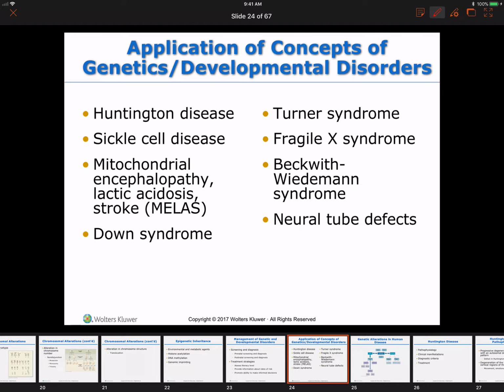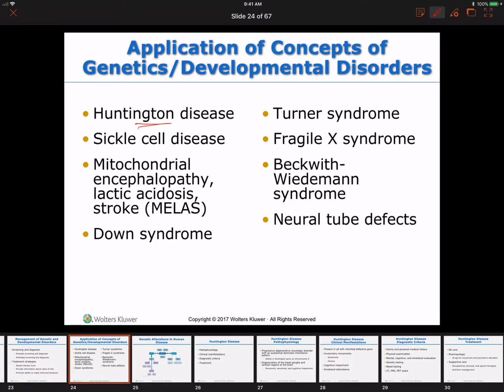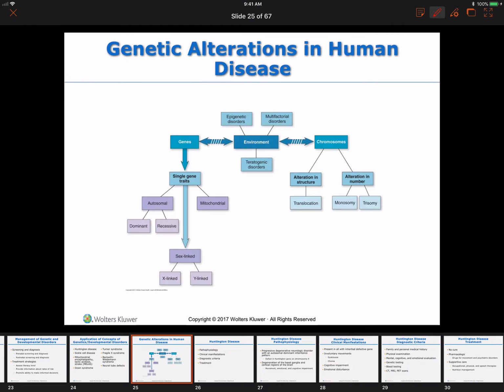Now, with some of these developmental disorders, we'll encounter some of them in future discussions. Things like Huntington's disease, for example, when we discuss the nervous system, and blood disorders, MELAS is something we'll discuss later on, and so on. So environmental factors plus multifactorial factors plus any foreign substances that could affect development, we call those teratogens.